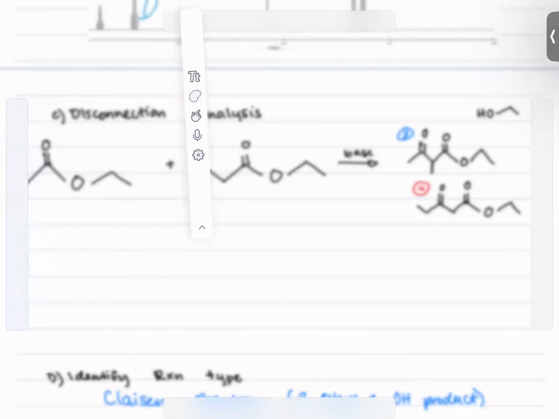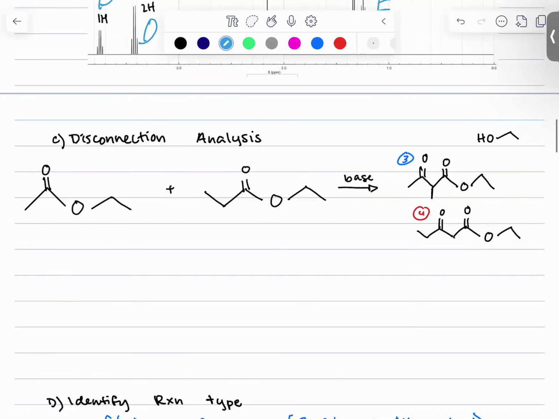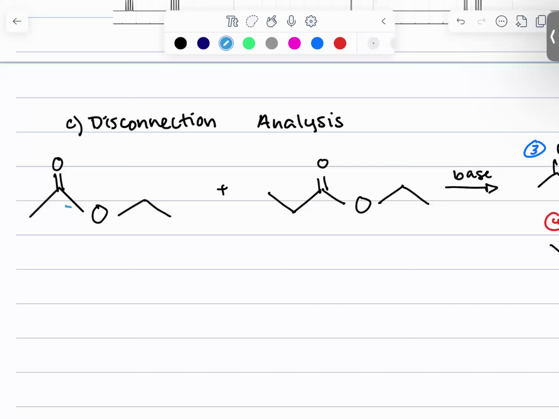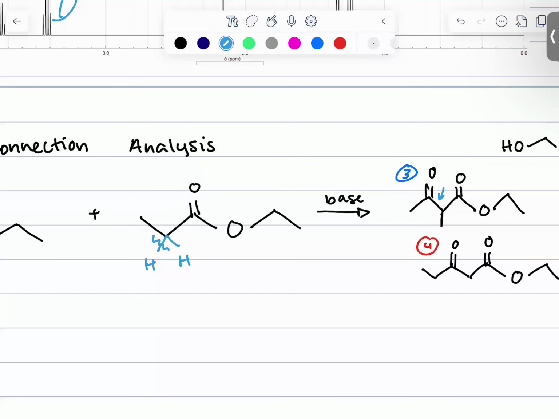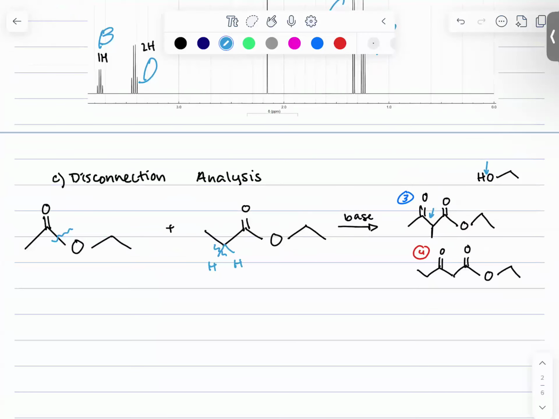So, I'm gonna move this back up to the top. With this one, we're gonna break here. And between these 2 protons, one of them will get kicked off. And the bond we're forming is this one, and eventually the one between the oxygen and the proton for the alcohol.